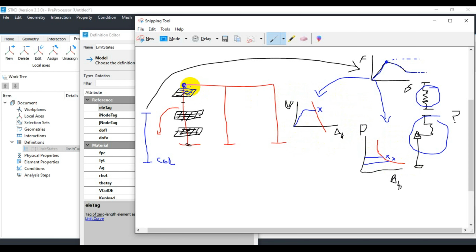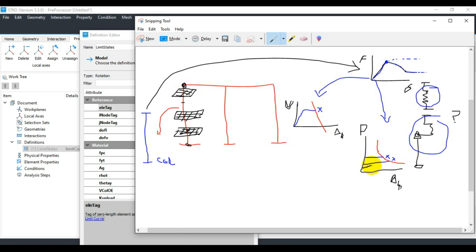We can consider the column with respect to a shear wall. So if the aspect ratio is smaller, we may notice the dominant failure mode in terms of shear. While if we have a slender, thin or long column, we may notice the dominant behavior in terms of axial failure here.